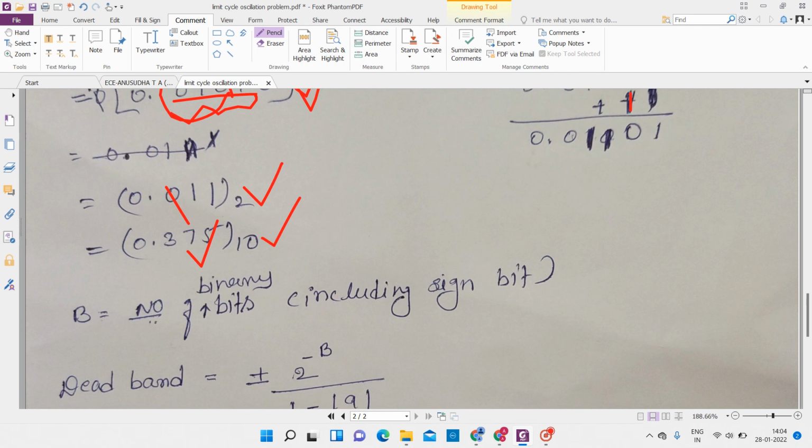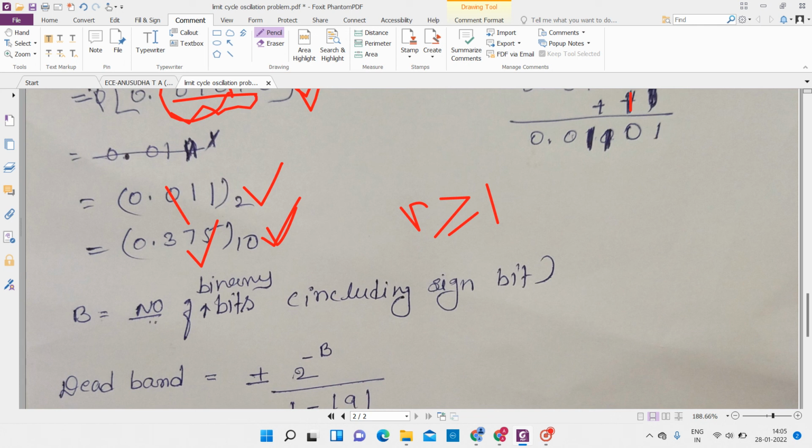So for n greater than or equal to 1, the output of the system is constant. What is that value? 0.375. We can stop here. There is no need to find y of 3, 4, 5 because we are getting the same value.